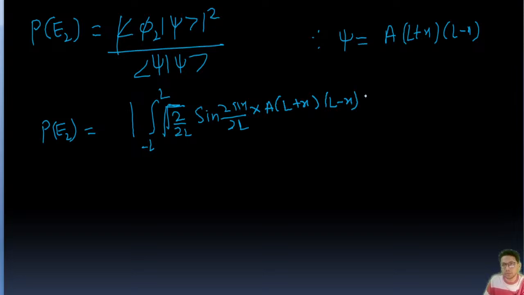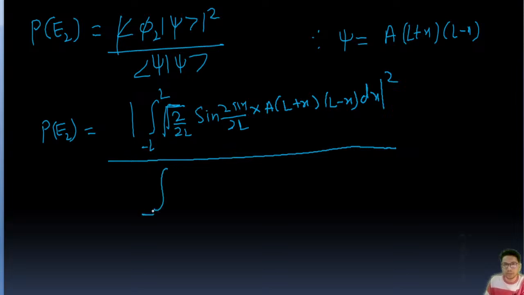You know how to do it, and then dx, and mod square upon, this is going to be integration from minus L to L of a² (L plus x)² (L minus x)², because the ψ value is this.